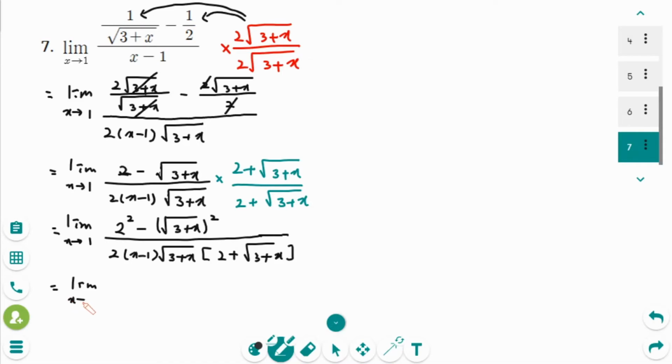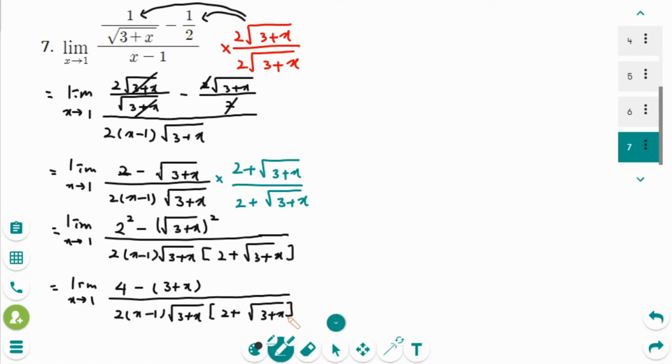And then expand the numerator: 4 minus 3 plus x over 2 times x minus 1 square root of 3 plus x times 2 plus square root of 3 plus x. Expand the numerator, 4 minus 3 minus x, which is 1 minus x.